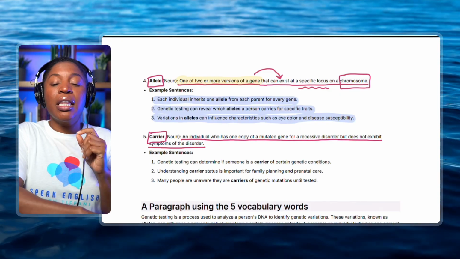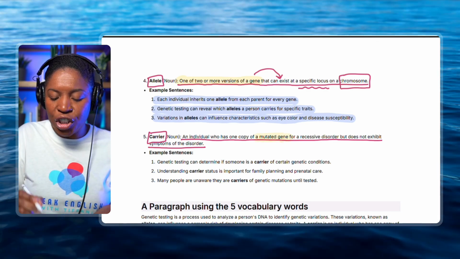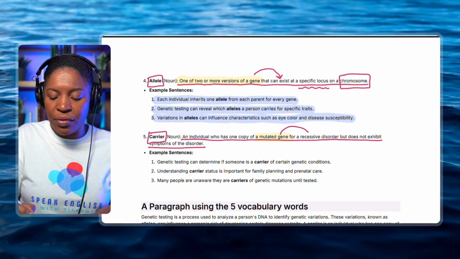Now, again, I remember learning about this in high school and even in college. So let's say, for example, sickle cell. All right, sickle cell. So I don't personally have sickle cell. Right? I actually knew someone who had sickle cell. Unfortunately, they passed away. So I don't have sickle cell, but I might still carry, again, what does it say? The mutated gene. The mutated gene for a recessive disorder.